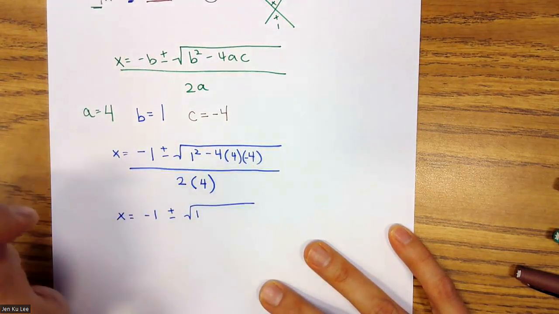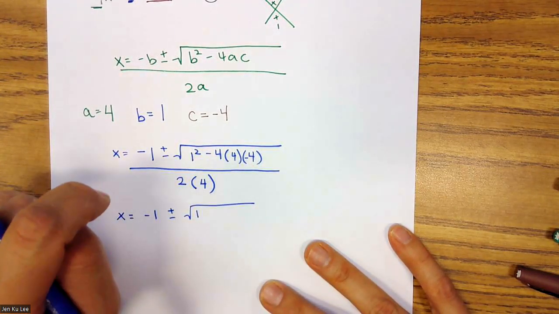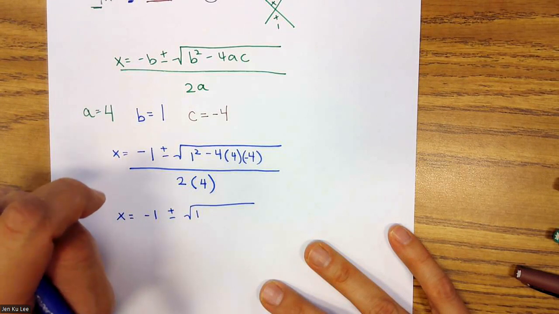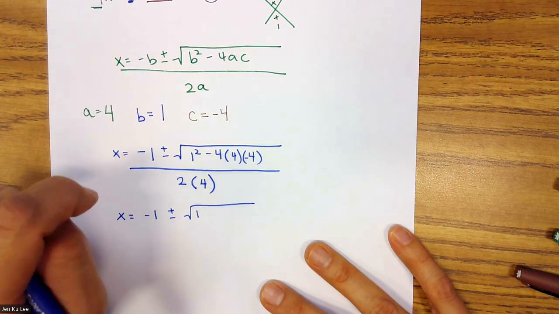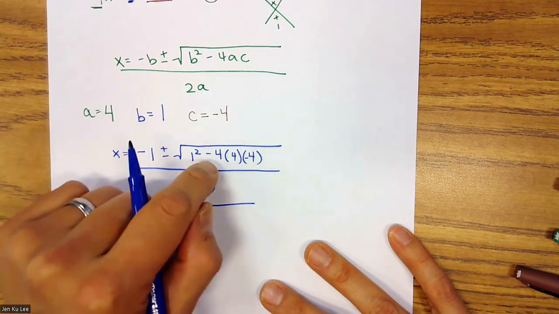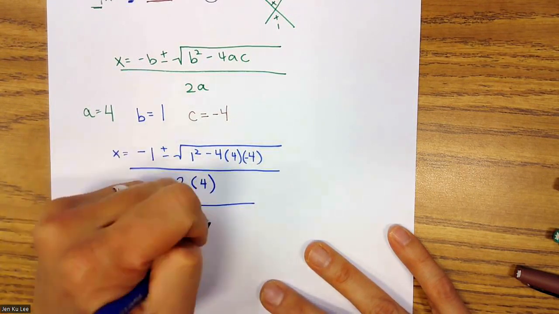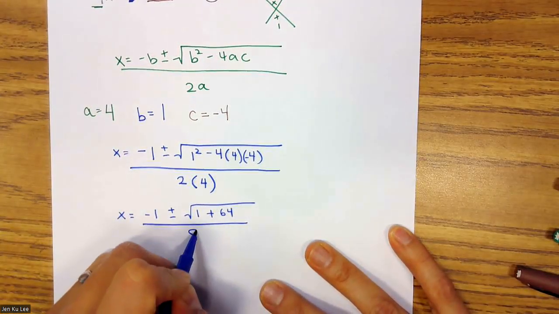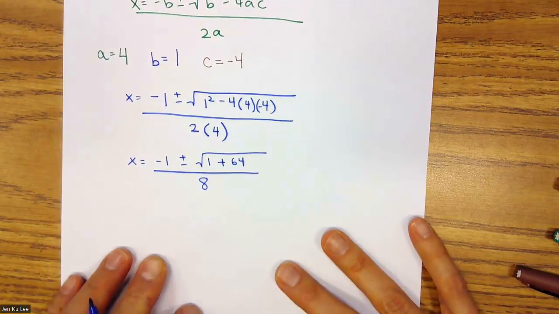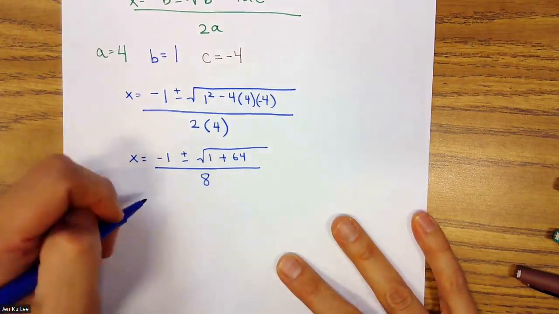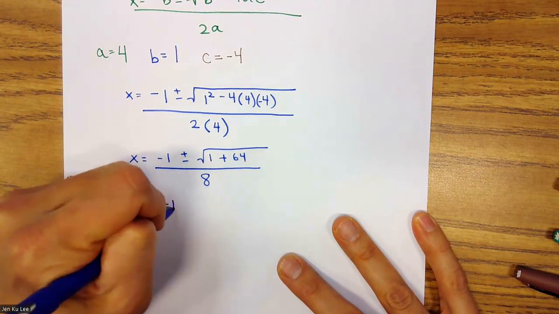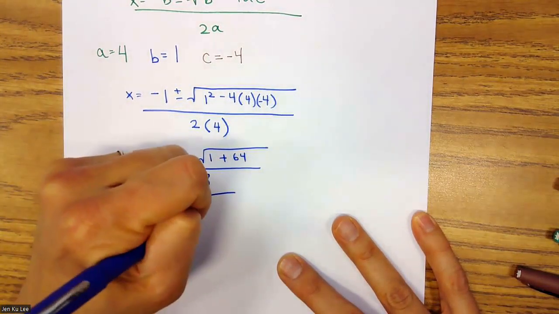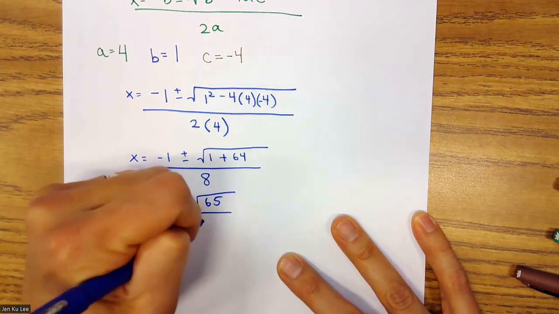What's 4 times 4 times 4? 4 times 4 is 16, times 4 is 64. A negative and a negative make a positive, so that's plus 64, over 8, because 2 times 4 is 8. And so we have x equals negative 1 plus or minus the square root of 65, all over 8.